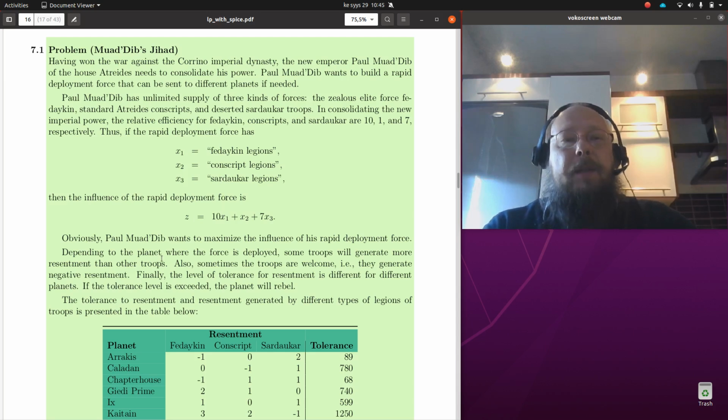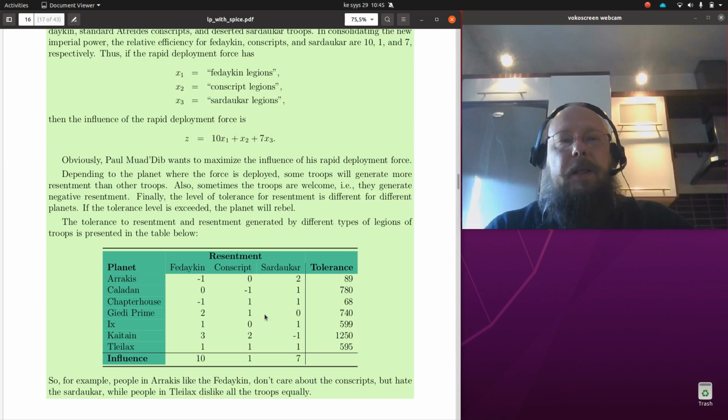And then there were some constraints about the resentments of different planets, what kind of forces can be sent, and this was a maximization problem. So the pacifying influence of this rapid deployment force would be Z, so there is 10 units per each Fedaykin legion, 1 unit per each conscript, Atreides conscript legion, and 7 units for each Sardaukar deserter legion.